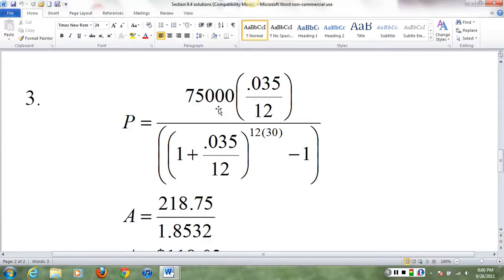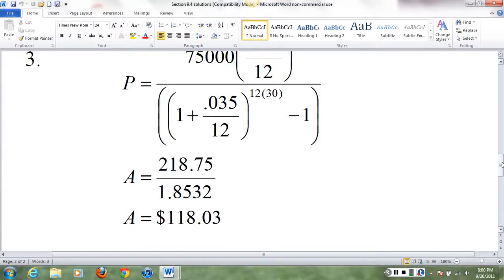My rate, 3.5%, is 0.035. Compounded monthly, so the N is 12. And I want 30 years, so my T is 30. Then again, from here, it's a matter of just multiplying and simplifying by order of operations. And it comes out to be that at that rate, for 30 years, you need to deposit $118 every month.